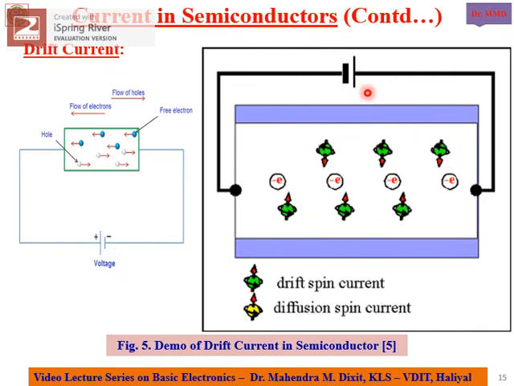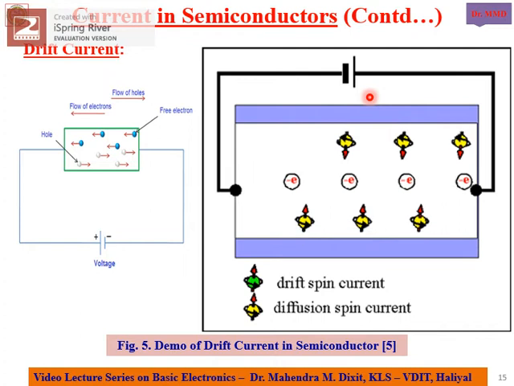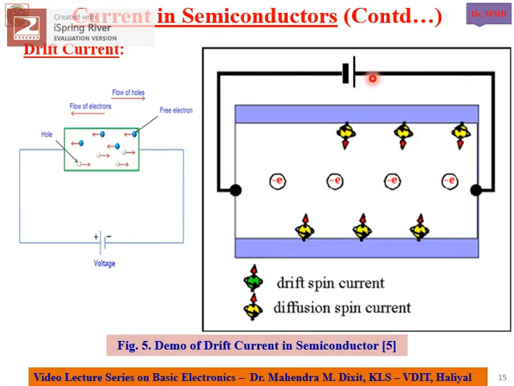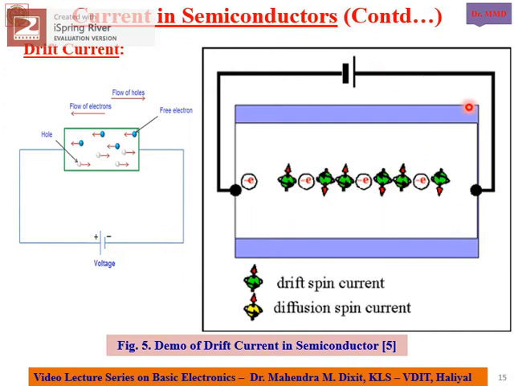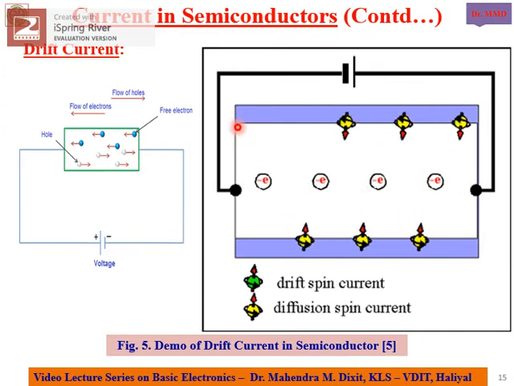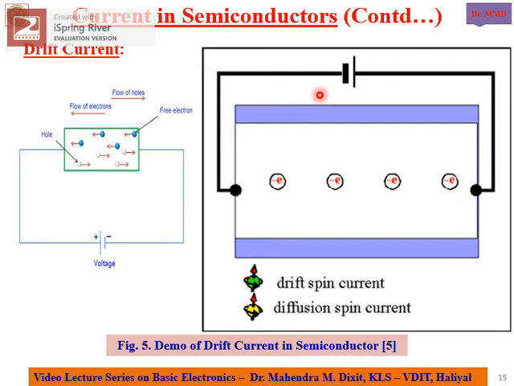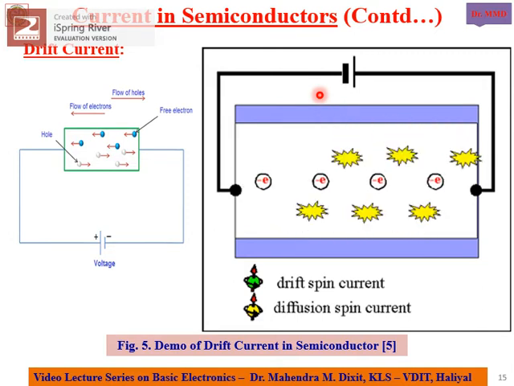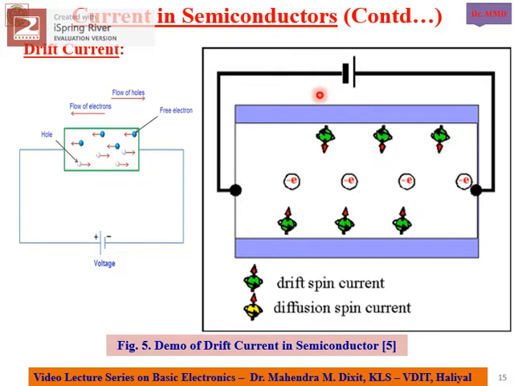One thing we must remember here is that the conventional current, which starts flowing from the positive end of the battery through the device till the negative end of the battery, which we call the conventional forward current direction, is always in the opposite direction to the drifting of electrons.